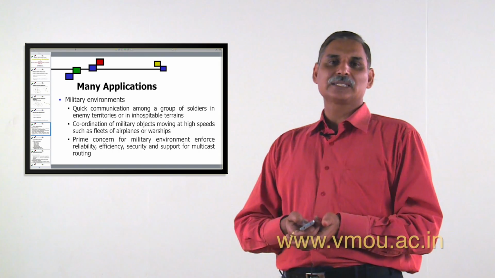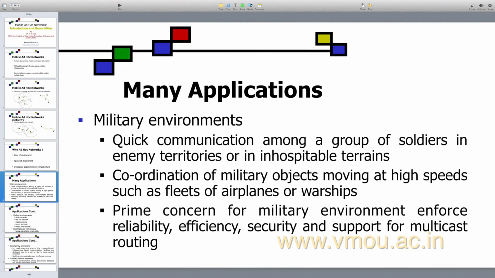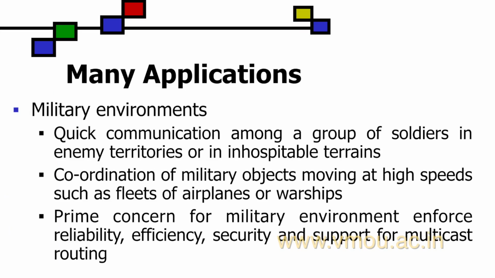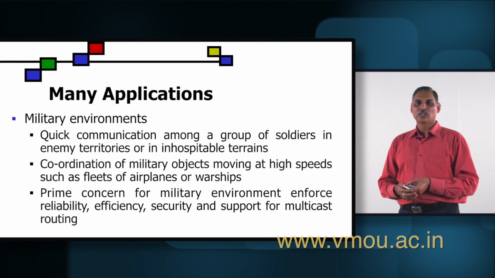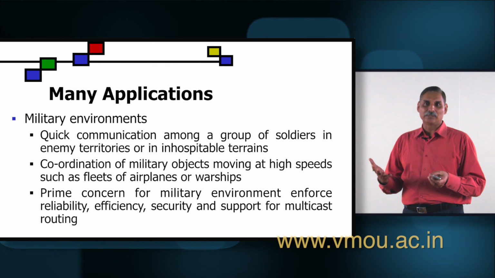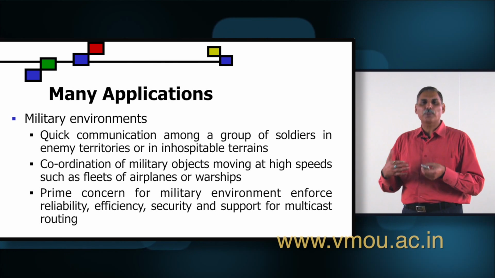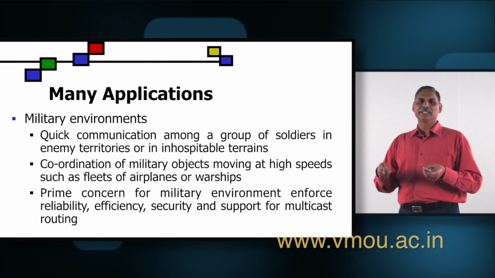As far as the applications of wireless ad hoc networks are concerned, the first one is the military environment. In fact, it started from military applications only. Quick communication among a group of soldiers in enemy territories or inhospitable terrains, where it is not possible to put a wired connection or any fixed infrastructure.